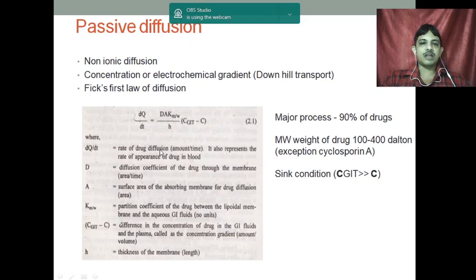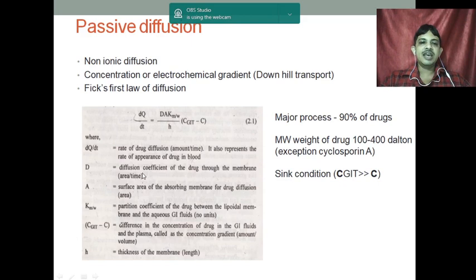It also represents the rate of appearance of the drug in the blood, that is, the rate at which the drug is diffused across the membrane. That is denoted by dQ/dt. Next is D·A·Km/w divided by h into (CGIT minus C).